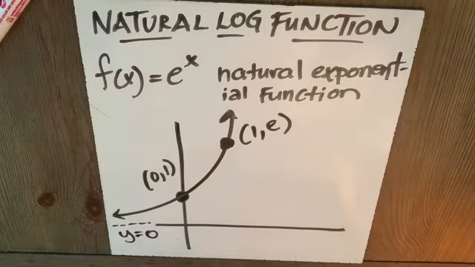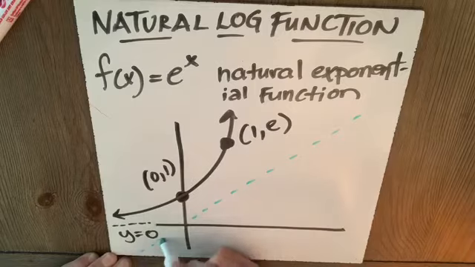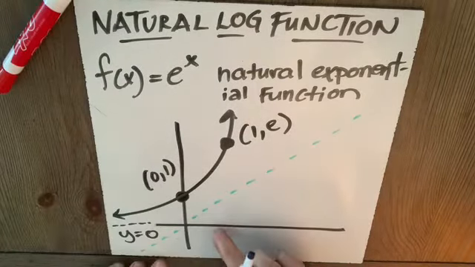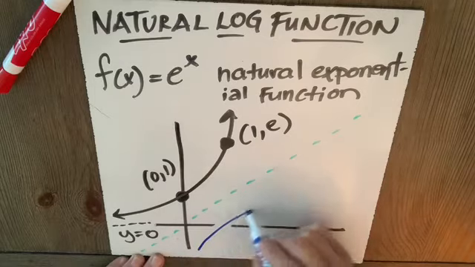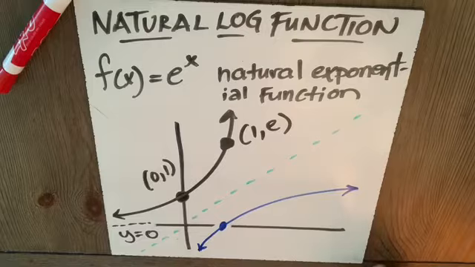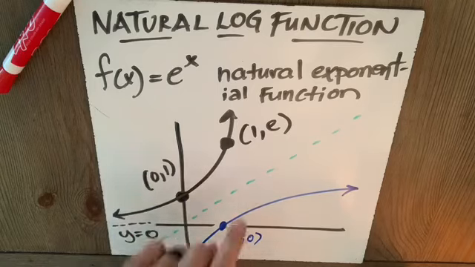Now, if I find that inverse function, which will be the natural log function, I'm going to have a shape that looks something like this. And here is my natural log function. It's going to go to the point (1, 0). I'm just taking this and exchanging x and y.